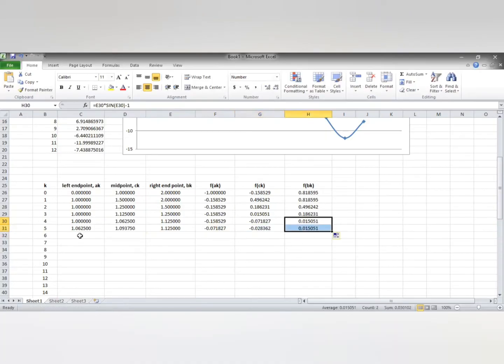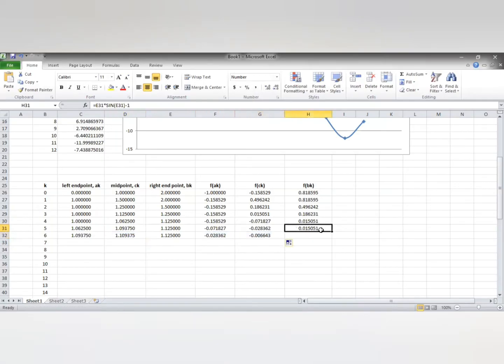And drag. So again, the function at CK and DK have opposite signs. So we will use the value of C for our left endpoint, and for our right endpoint will be the value of B. Okay, so you can drag again.